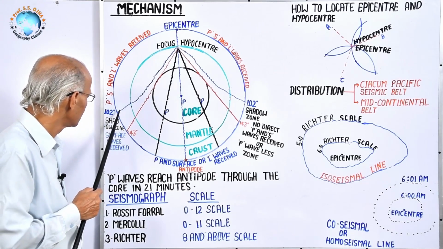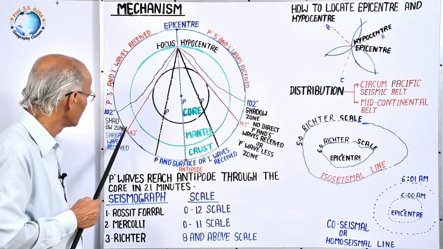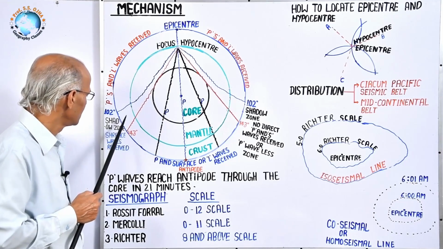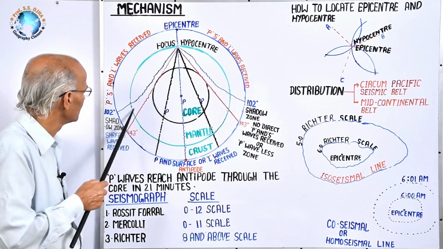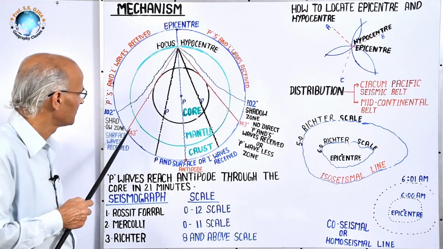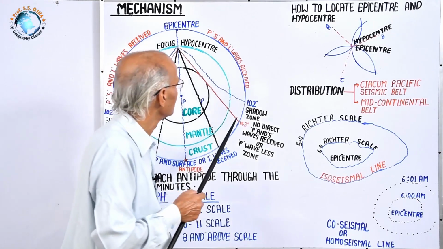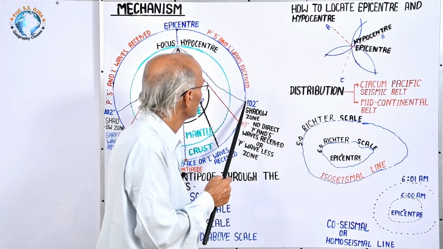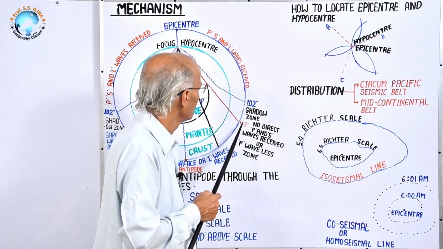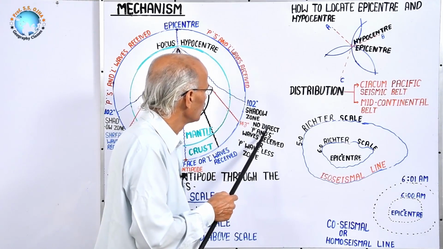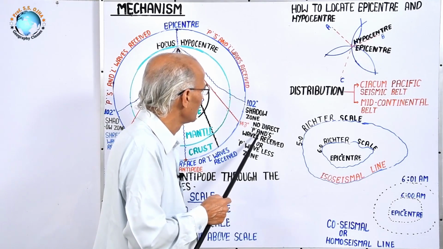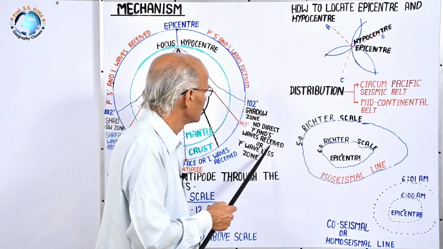This pseudozone, although it receives surface waves, doesn't receive direct P waves. As it has been written here, between 102 degrees and 143 degrees in the pseudozone, no direct P wave or S waves are received.